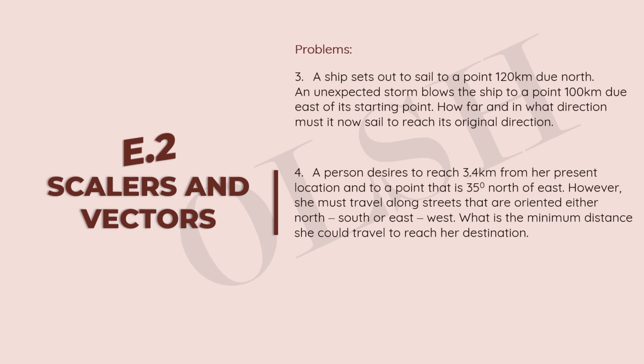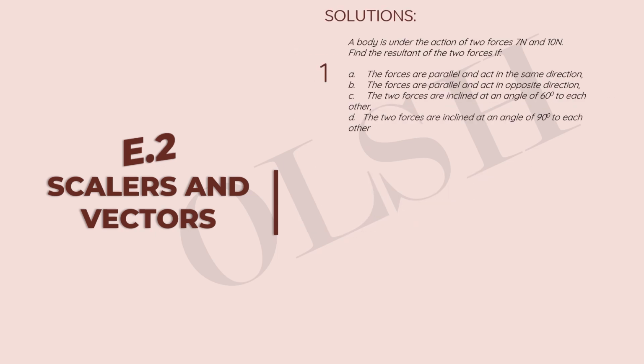All right, the first question is: a body is under the action of 2 forces, 7 newtons and 10 newtons. Find the resultant of the 2 forces if A, the forces are parallel and act in the same direction; B, the forces are parallel and act in opposite directions; C, the 2 forces are inclined at an angle of 60 degrees to each other.